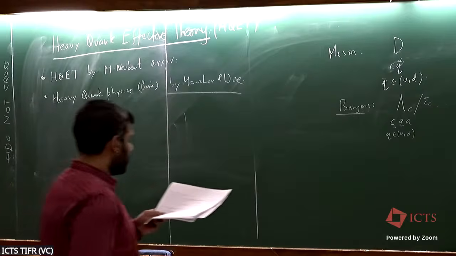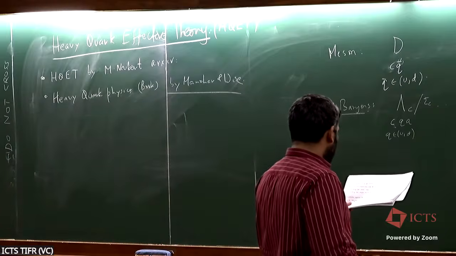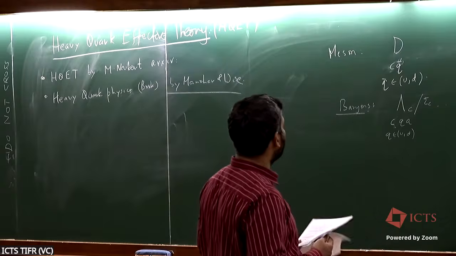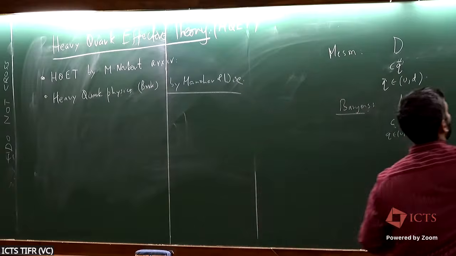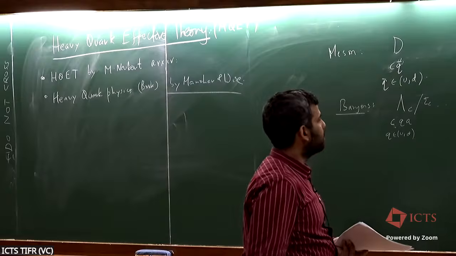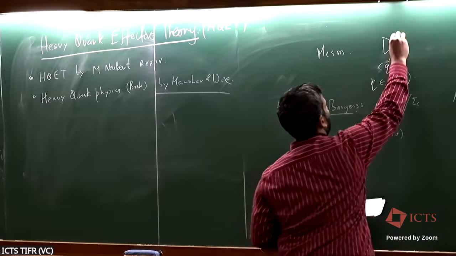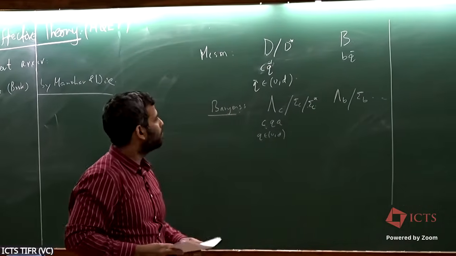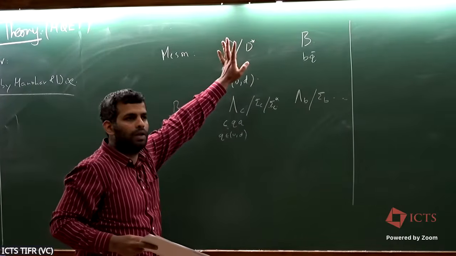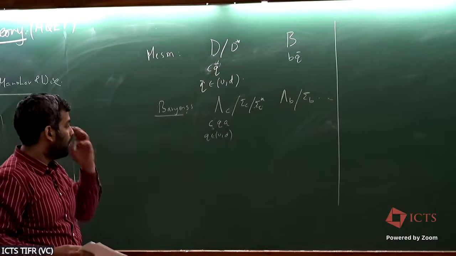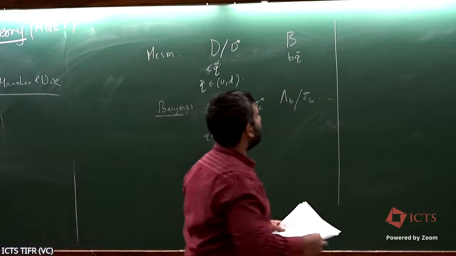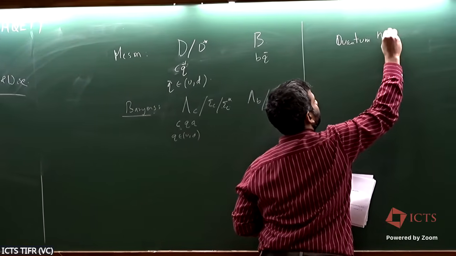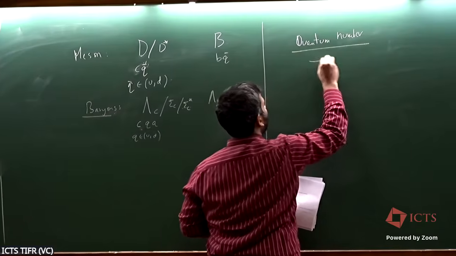So I have already described the physical systems that I am looking at. Now, the picture that I want to first start with is what are the good quantum numbers in my system. For systems like D or D star, Sigma C star, the star denotes, are people familiar with this star notation? Okay. So the star denotes the spin 1 combination. I want to write the total quantum number of my hadron.